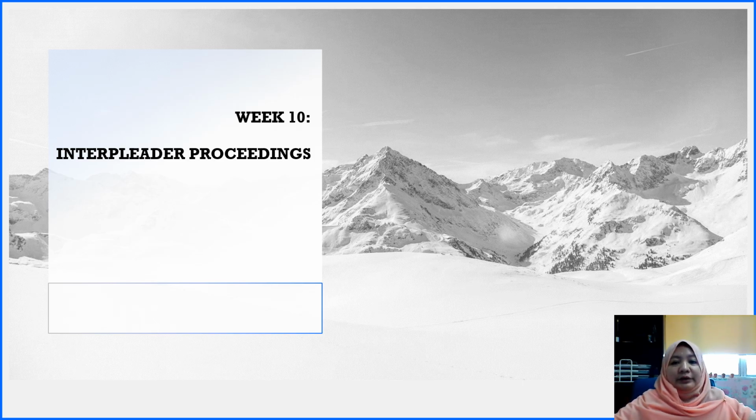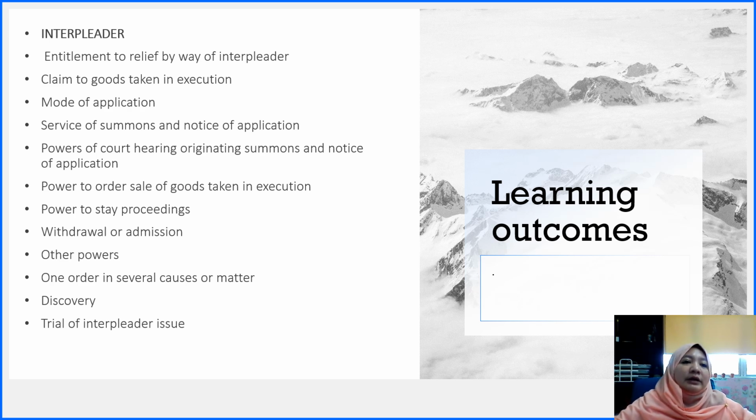This is what you are going to learn. These are the learning outcomes covered under interpleader proceedings: entitlement to relief by way of interpleader and claims to goods taken in execution, the mode of application, service of summons and notice of application, powers of court hearing this originating summons and notice of application, power to order sale of goods, power to stay proceeding, withdrawal or admission, other powers, one order in several courts or matters, and then discovery and trial of interpleader issues.